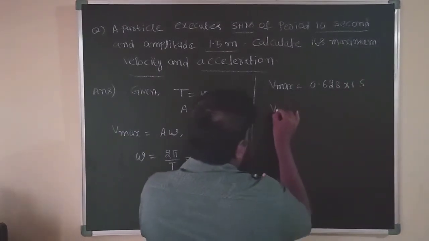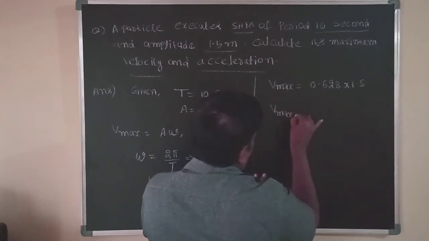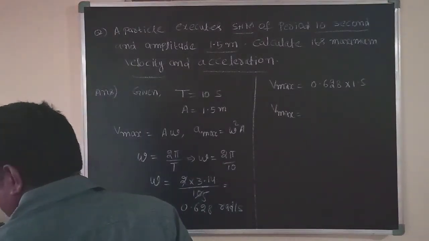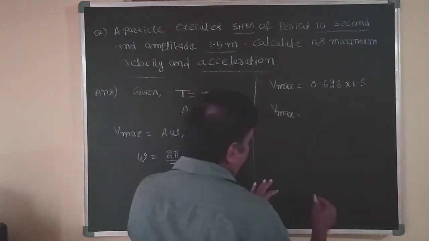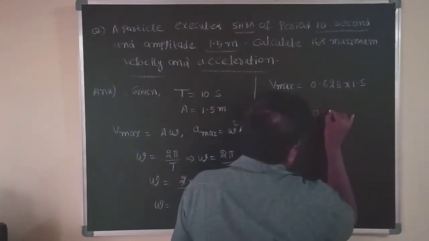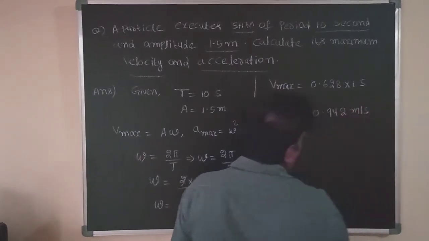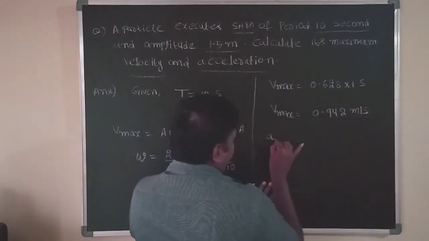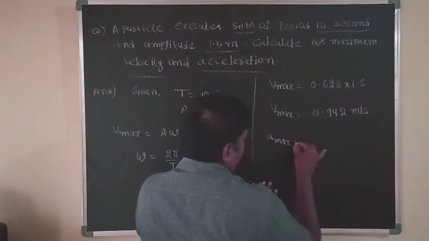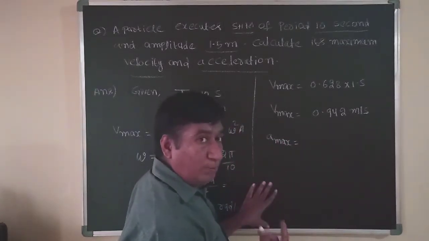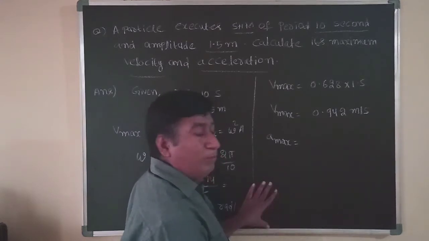If you multiply this, we get the answer 0.942 meter per second. In the same way, the acceleration has a minus sign, but here we are finding only the magnitude, so we take it as positive.